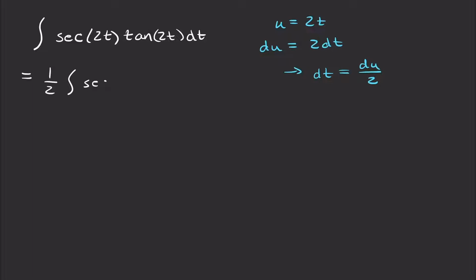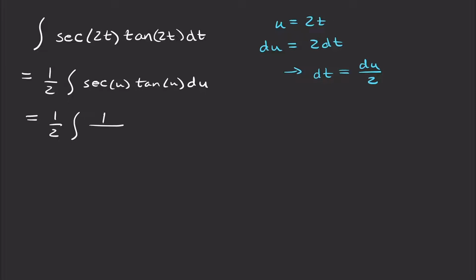And this is going to be secant of u times tangent of u du. So now we can replace these trig functions in terms of sines and cosines, and that's going to make our integration a little bit easier. Anytime you have something other than sine or cosine, you should think, would this simplify if I wrote it in terms of sines and cosines?